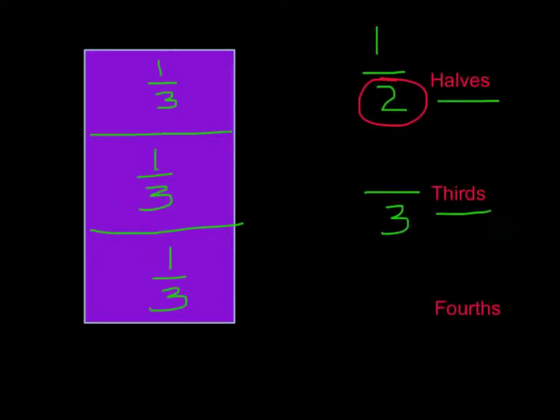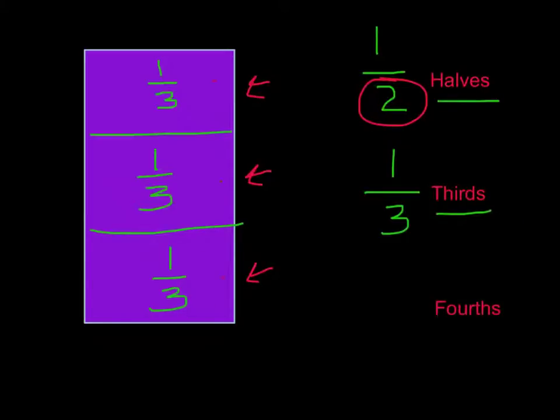If I cut this rectangle into 3 pieces, each piece is called 1/3. Now altogether, I have 3 of them. I have 3/3. The top one is 1/3, the middle one is 1/3, and the bottom one is 1/3. So I'm talking about the fraction 1/3.